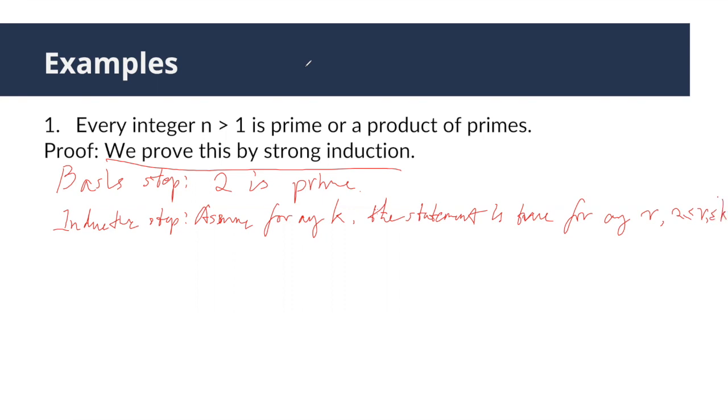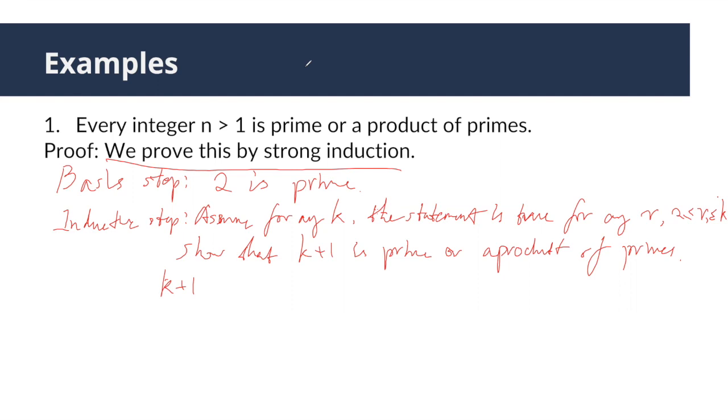In other words, r is either prime or a product of primes. And next, we state what we want to prove to be true. Show that k plus 1 is prime or a product of primes. And next, we're going to prove it.